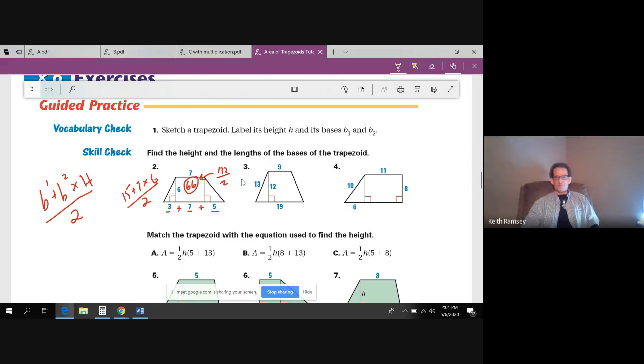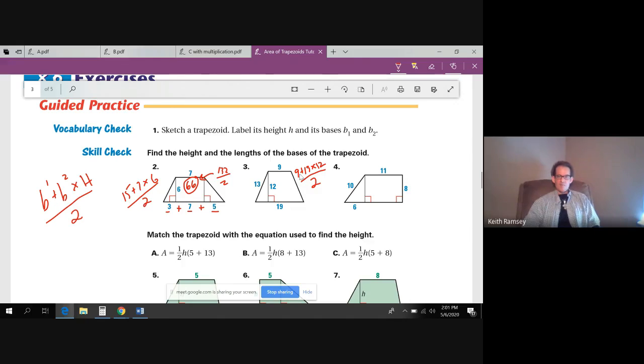Let's look at number 3. This one's a little bit easier because you just have this one measurement, 19, going all the way across. So the first step is to add your top and your bottom. So that's 9 plus 19. And then you have to multiply it by the height. That's 12. And then divide it by 2.